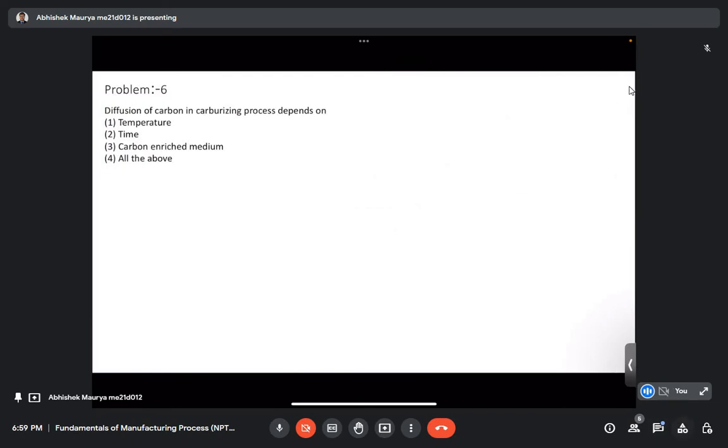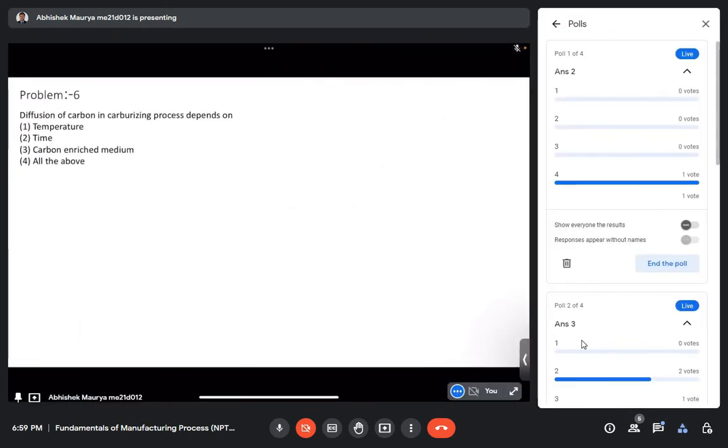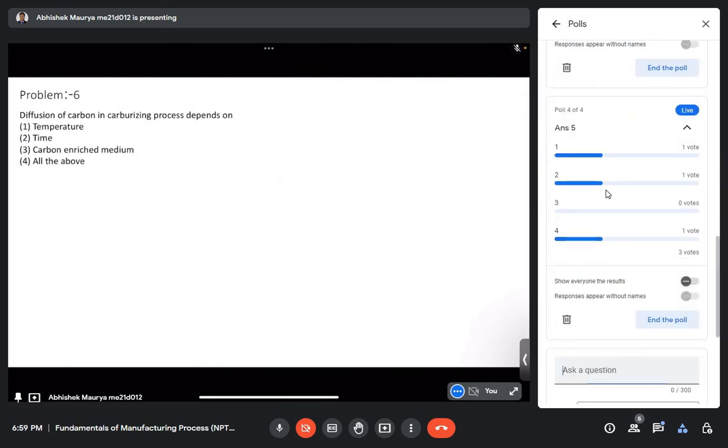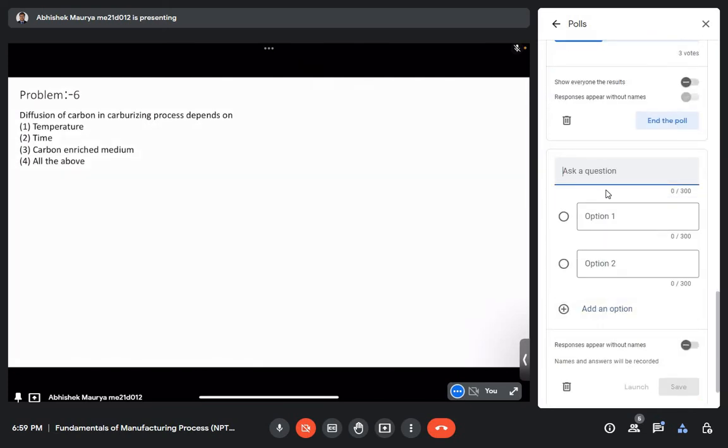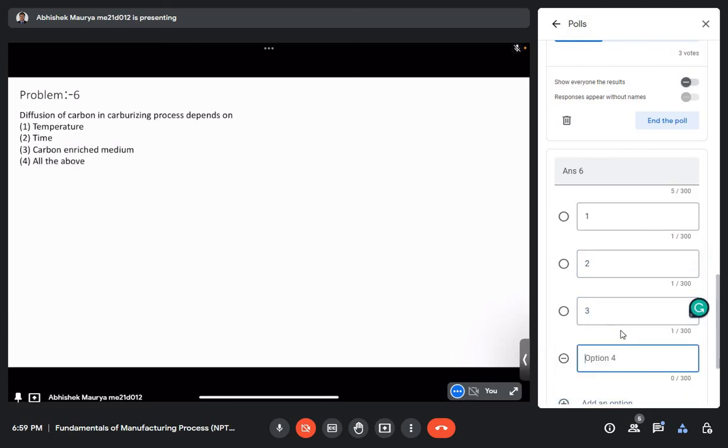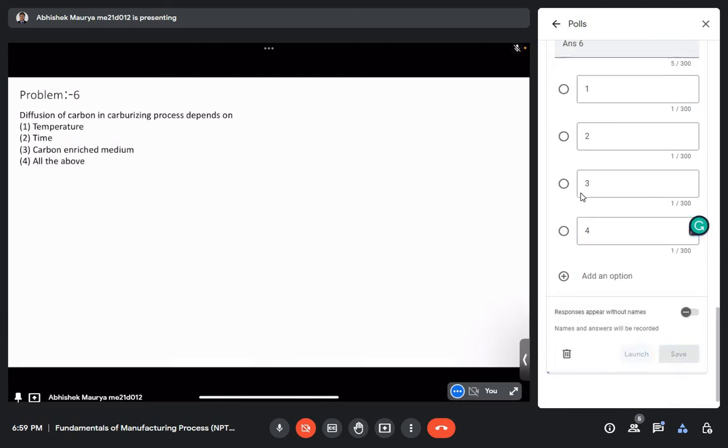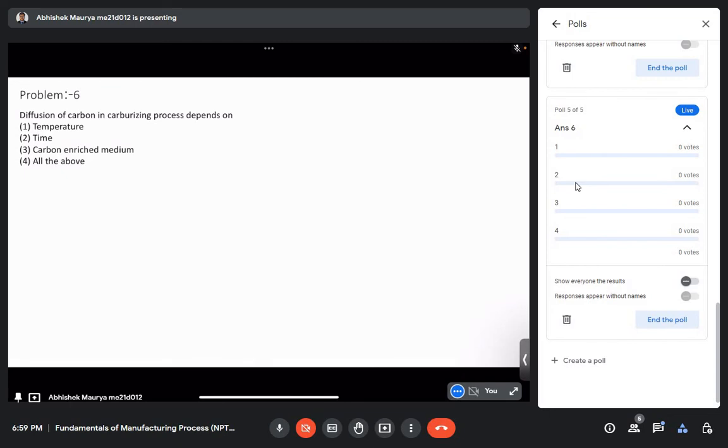You can give your response in the polling section. Polls are live. You can give your response in the polling section.